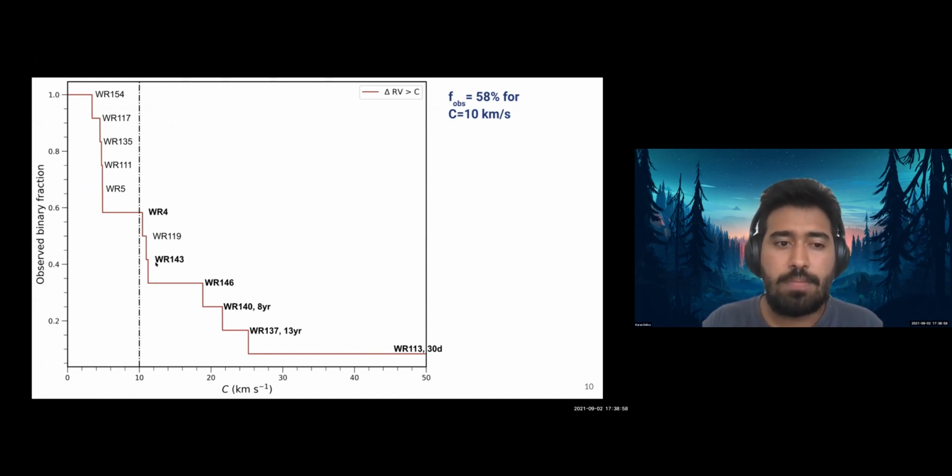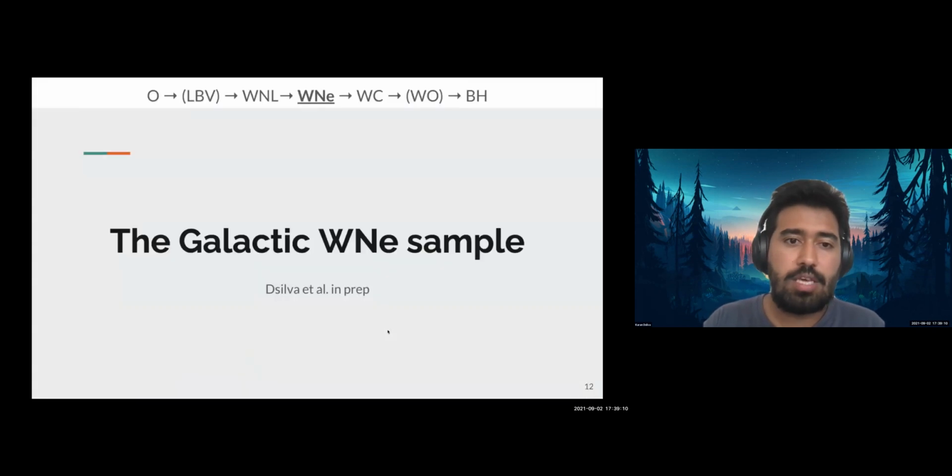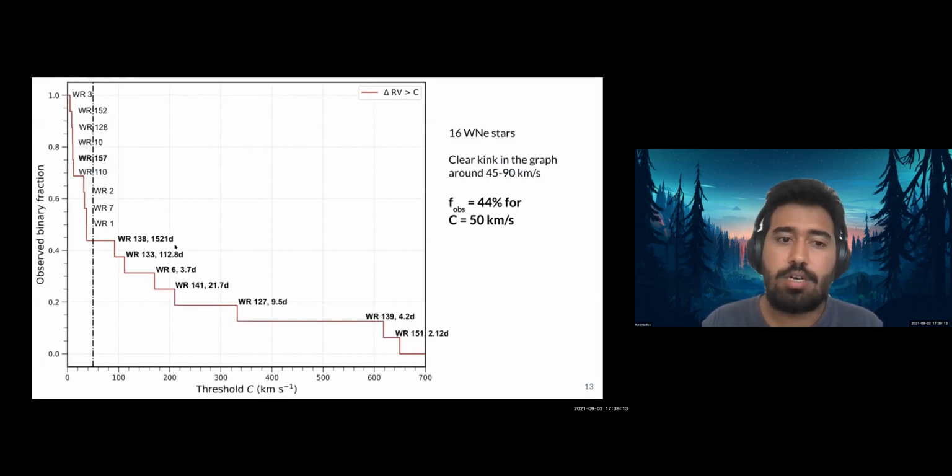This one has a Be star as a companion. This one, we don't know what the companion is, nor for WR146. But for these three, they are late type O stars as companions. And if I go to the WNEs, here you have a little more early type and some late type companions, but they are all O stars.